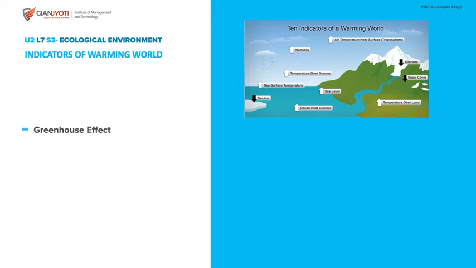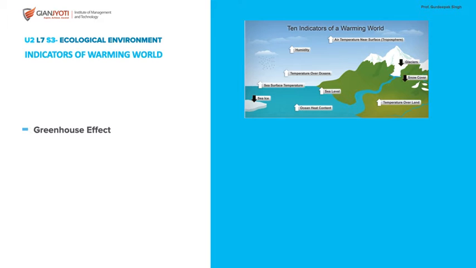The sea surface temperature is rising. The temperature over the oceans is rising. As a result, the humidity is going up. The air temperature near the surface, the troposphere, is going up. Glaciers are melting fast, snow cover is reducing, and temperature over land is going up.